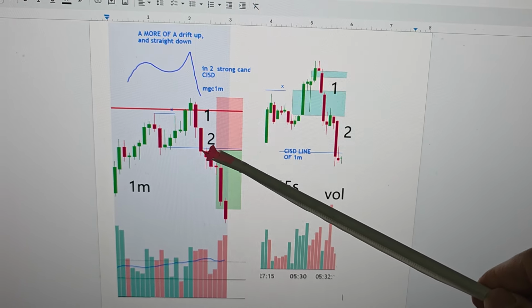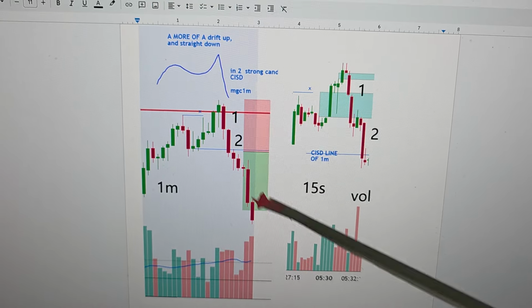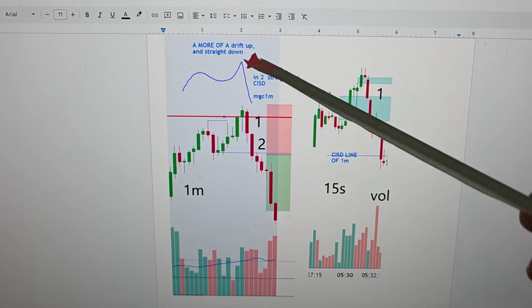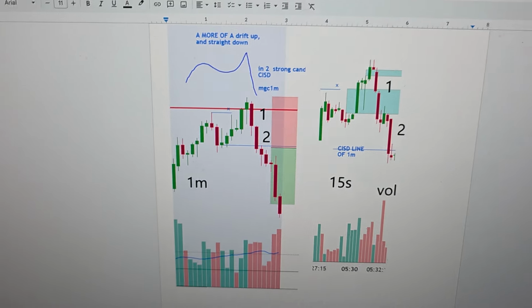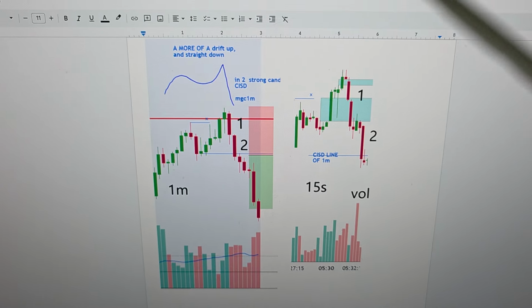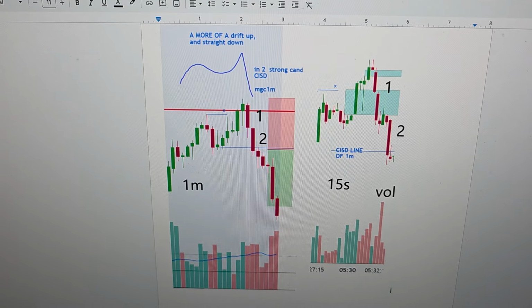And so upon closing of this 1 minute candle, you could have placed a trade and it would have been a 1-to-1 target. So we said earlier that everything else was A+, so something else must also be A+.